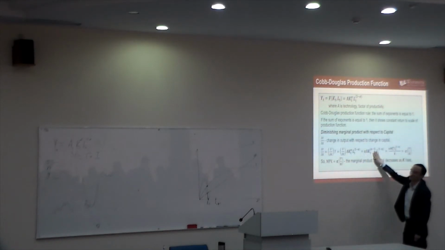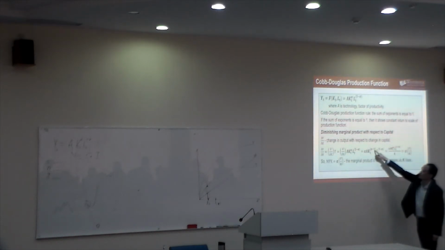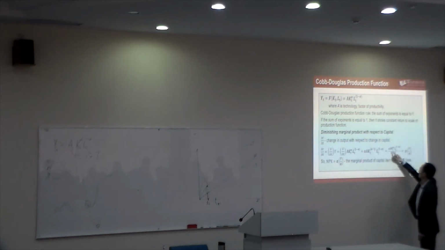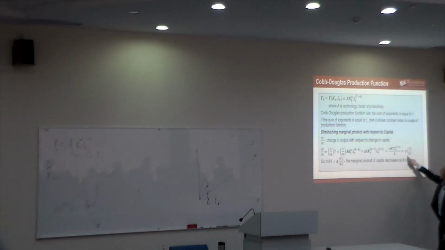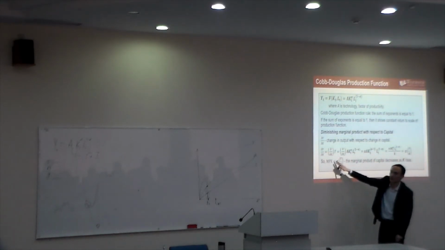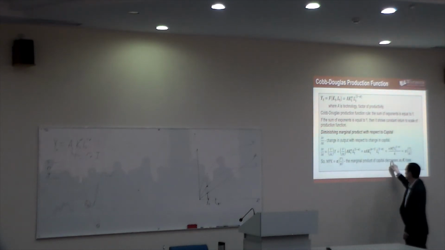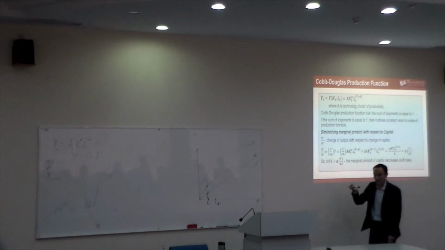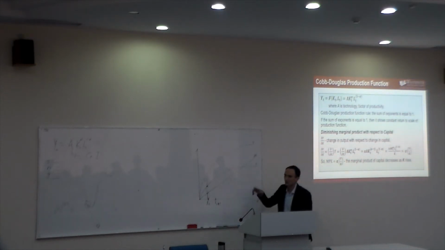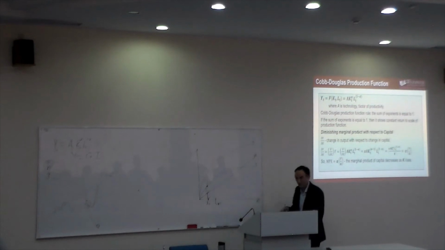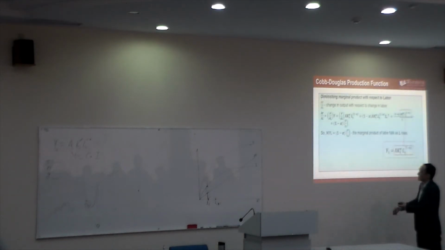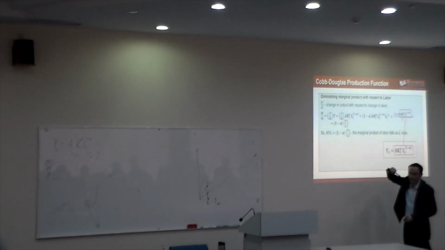It will give us the following equation, and if we simplify it, because now it's -1, we get this output, which represents the marginal product of capital. Which means that marginal product of capital decreases as capital rises, diminishing returns to scale. And the same applies to labor.